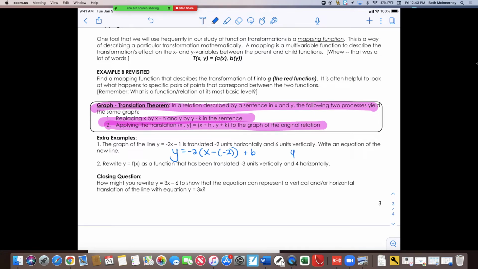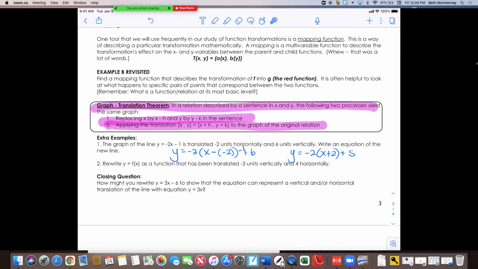So this would be y equals negative 2 times x plus 2 plus 6. Oh, whoops, I lost the minus 1, didn't I? Sorry, there was a minus 1 here. So then that ends up being plus 5. So you replace the x with x minus the shift. And do you see there what I missed, that little 1 right here?